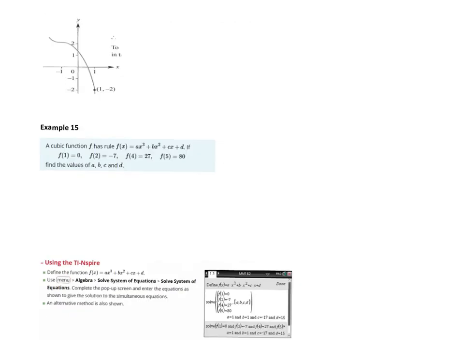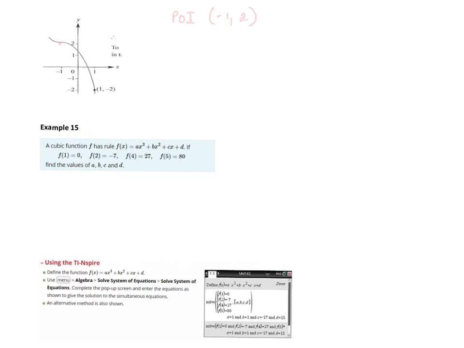So in this example here, the graph appears to be in a form where we've got a point of inflection. There's our point of inflection. We've only got one x-intercept. So our point of inflection, hopefully you can see that as being -1 and 2.